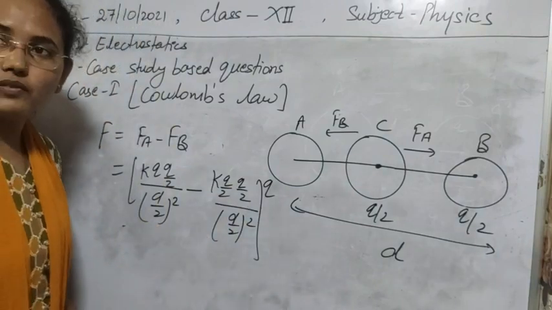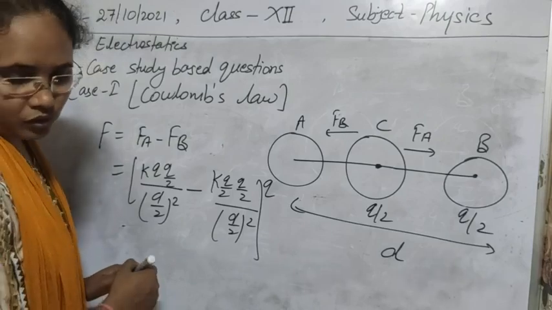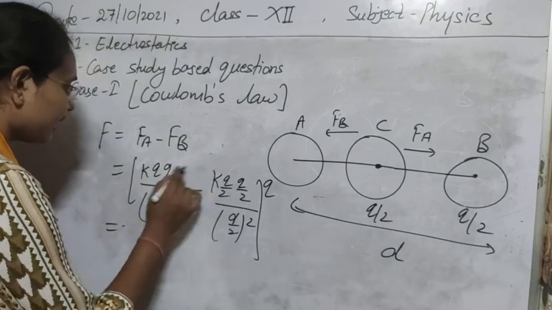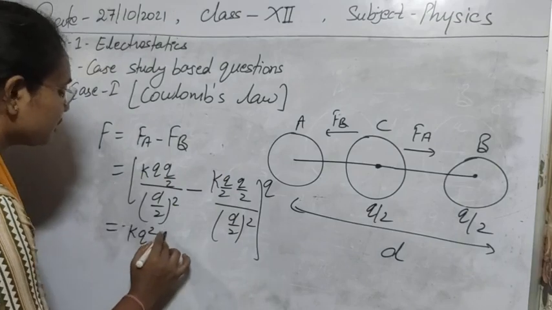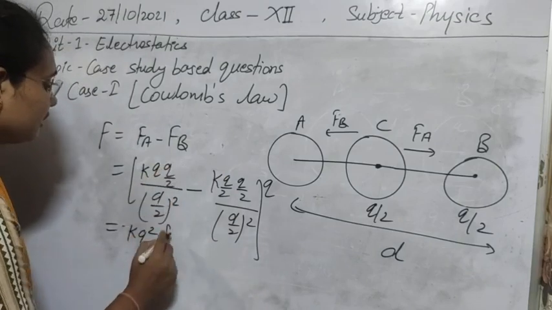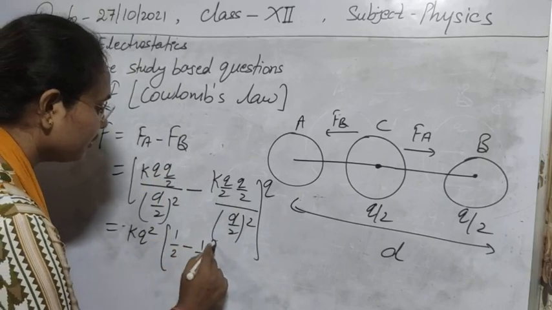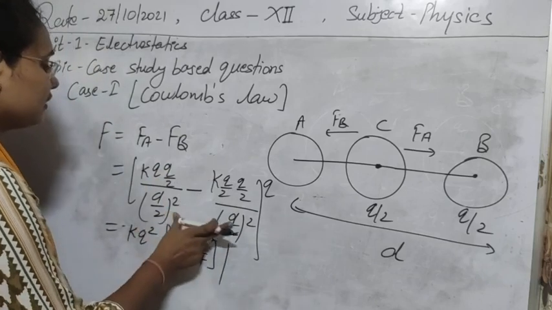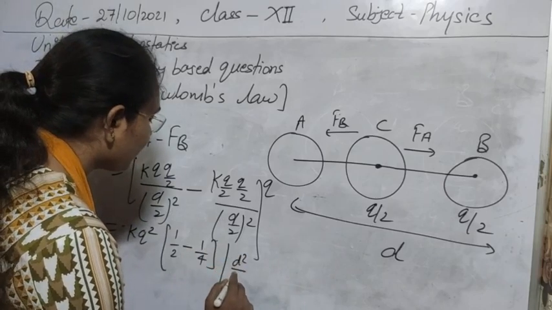Now we have to solve this line to find the net force acting on this one. Taking KQ square as common, this will be 1 by 2 minus 1 by 4, divided by D by 2 whole square, which we can write as D square by 4.